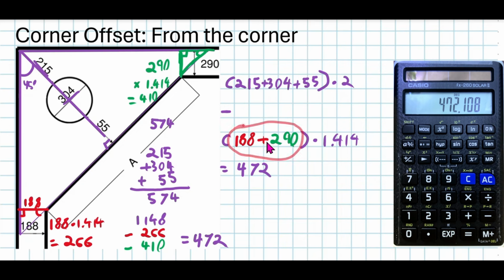So the 188 plus 290, and we close the bracket, it adds this green offset or run to this red one down here. And then when I multiply, this multiplication happens before the subtraction here, which then gives us our hypotenuse for both those triangles. So we end up with our 1148 minus our 676 to give us our 472.